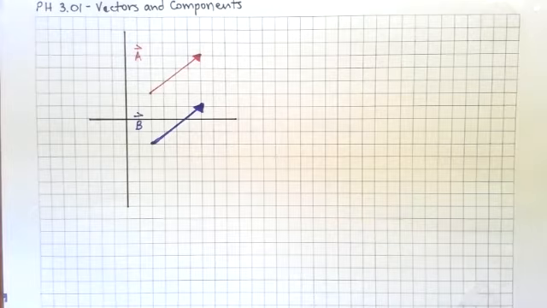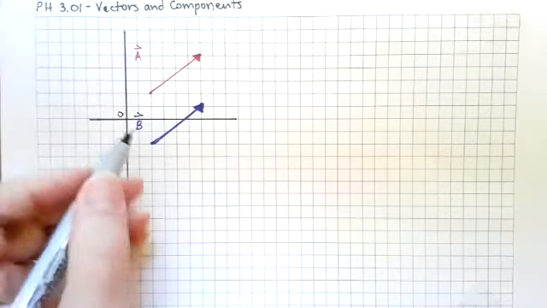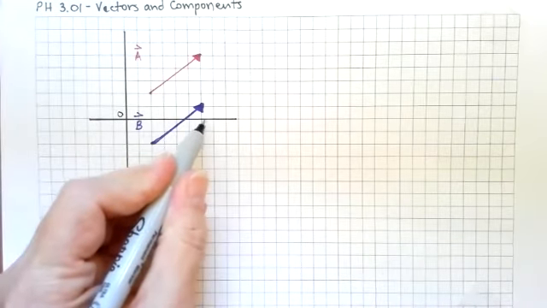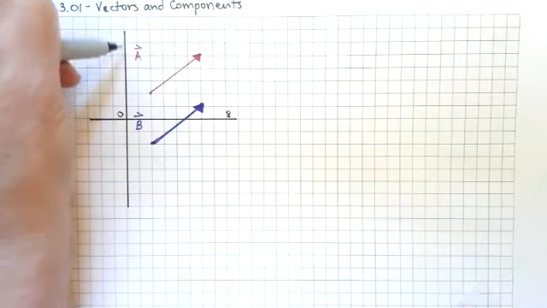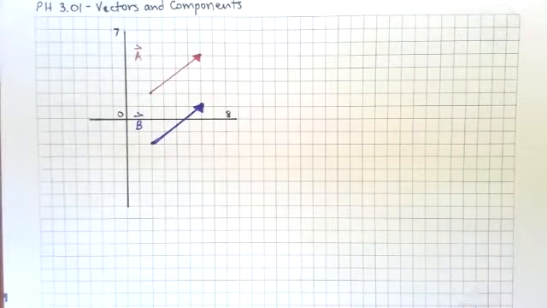Let's make this 0 and give these units of 1, 2, 3, 4, 5, 6, 7, 8. So we'll make the blocks one unit apiece. So are these the same vector? Tell me what you think.